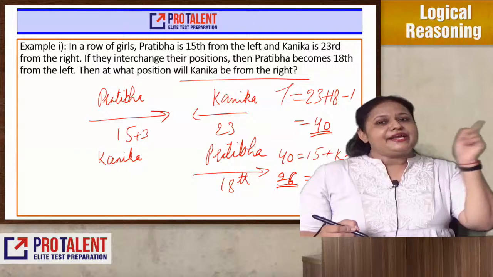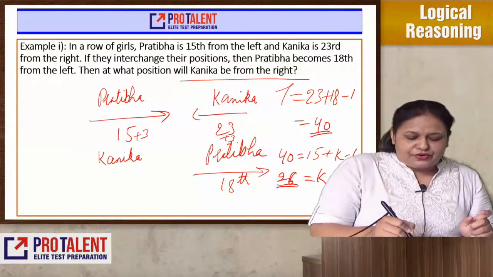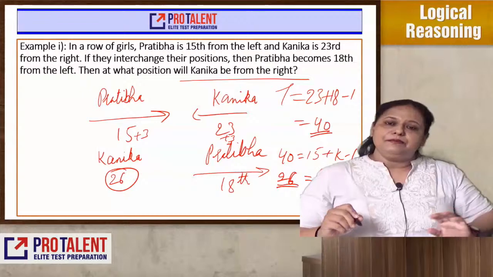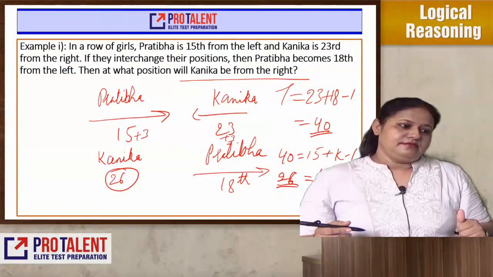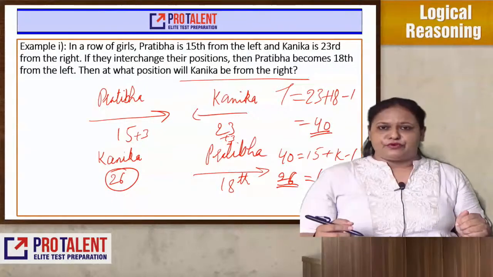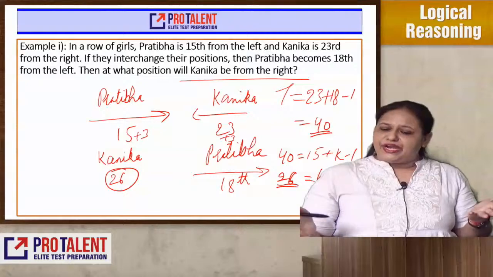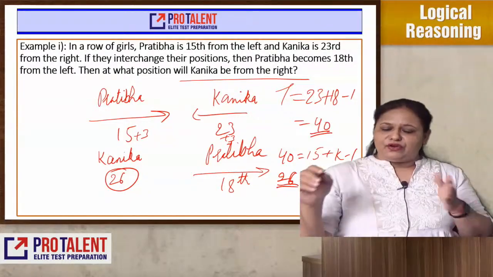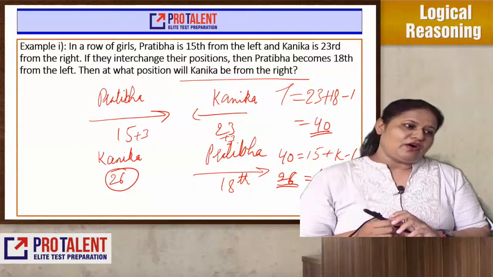Kanika also moved 3 places forward, and hence the answer is going to be 26. Simple. You agree? If Pratibha is moving 3 steps forward, Kanika is also moving 3 steps forward. So straightaway, without applying all this theory, we could still get the answer. You all agree with me?